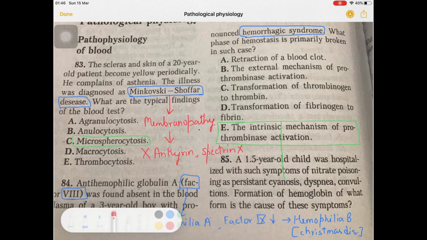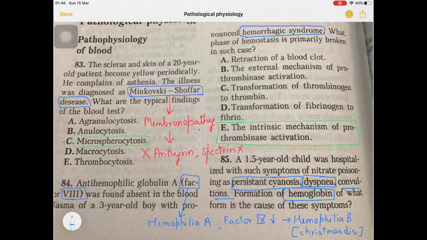Moving further, now let's talk about the next question. As you can see over here, they are talking about cyanosis, and dyspnea, which is also called shortness of breath, and convulsions, and formation of hemoglobin of what form? So in the case of cyanosis, they are talking about nitrate poisoning over here.